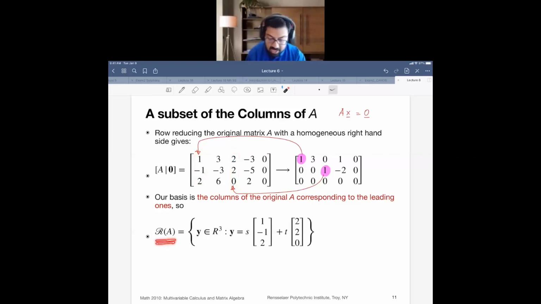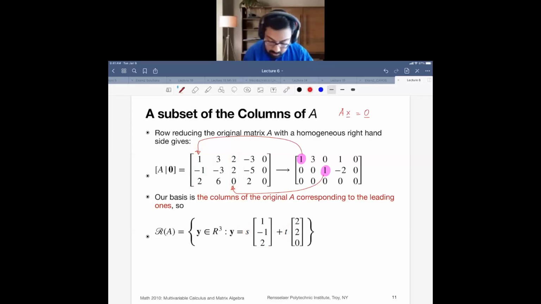So over here, the range is defined as y's in R cubed, right? AX. You can take this A and you multiply with x, any x has to be from R cubed, and that's going to define my range. All right, y belongs to R cubed, such that y is going to be some amount of the first column there and some amount of the third column there.